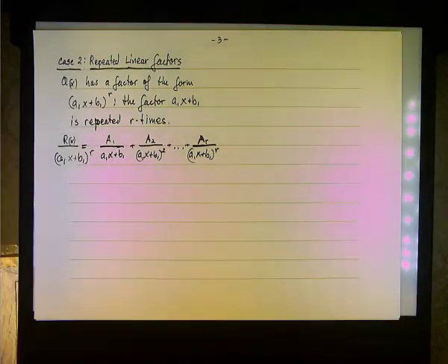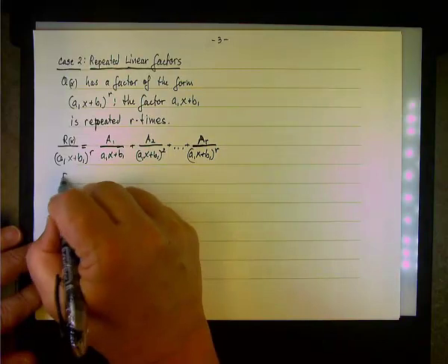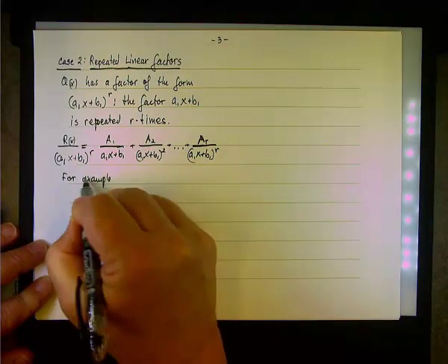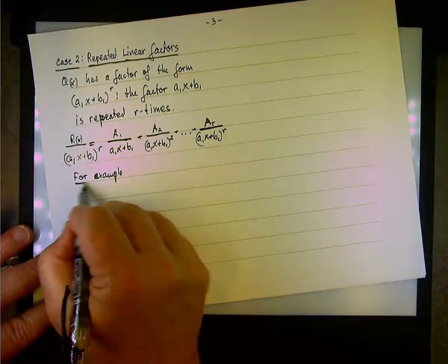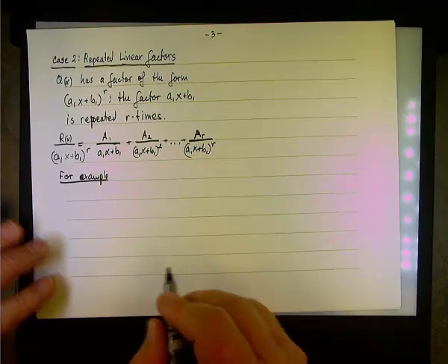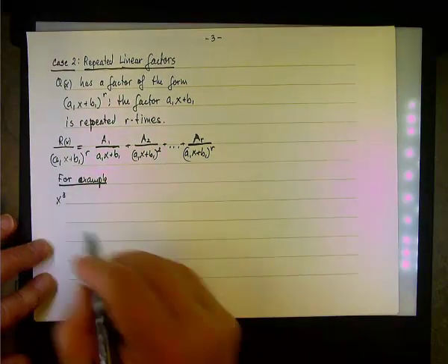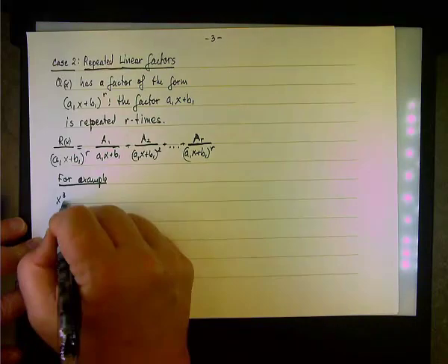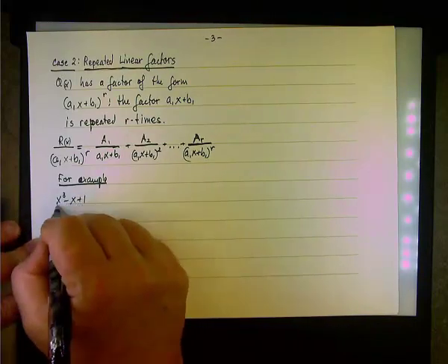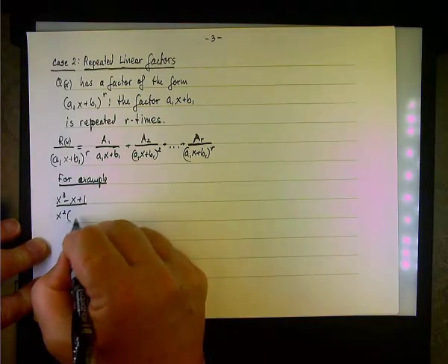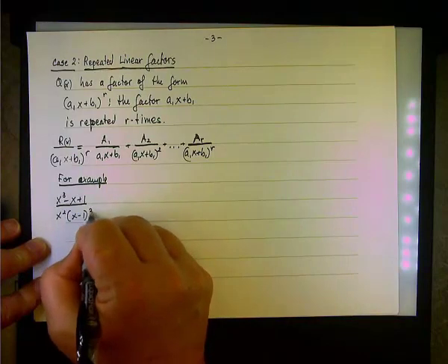For example, if we have something like this, let's say the numerator is x cubed minus x plus 1. The denominator is x squared times (x minus 1) cubed.